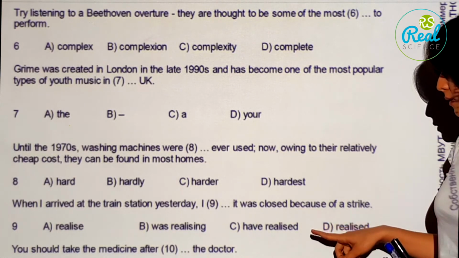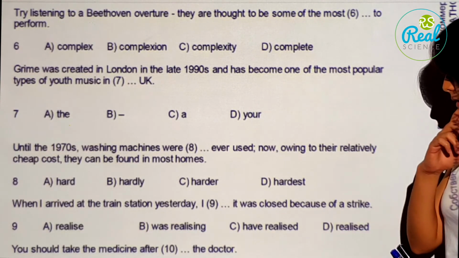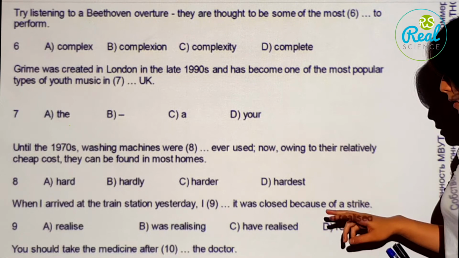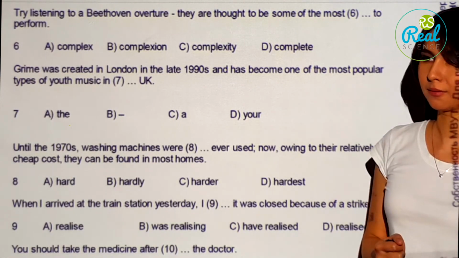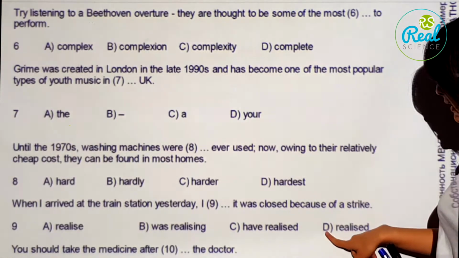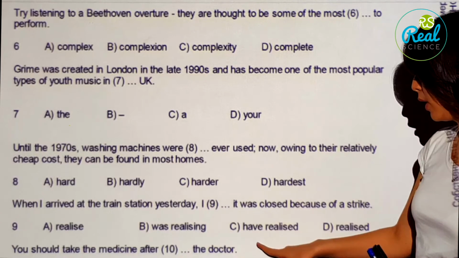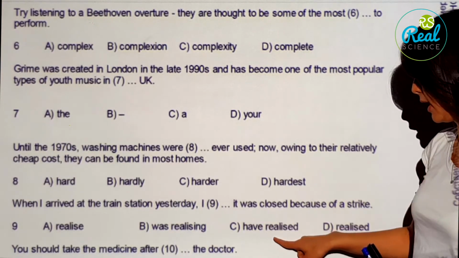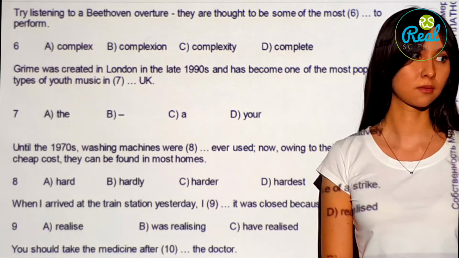Which answer? You say A1. Have realized. I think C1. I think it's D. Yes, D. It's D1. Yes, guys. The correct answer is D1, not C. Okay, why didn't we put C, have realized? Because when I arrived, it was simple. Mixed tenses.